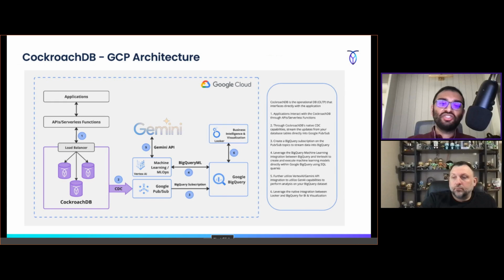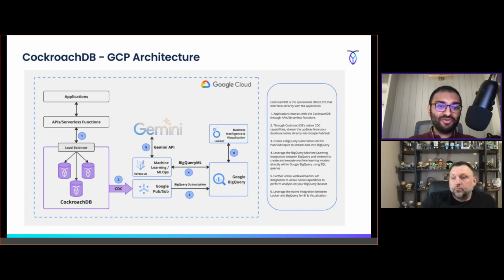And the best part about that is it's no code required. It's pretty straightforward. And with BigQuery ML, you can leverage Vertex AI and Gemini, and through BigQuery, you can also tie that into BI visualization using Looker. So those are ways that you can further integrate into the Google ecosystem.